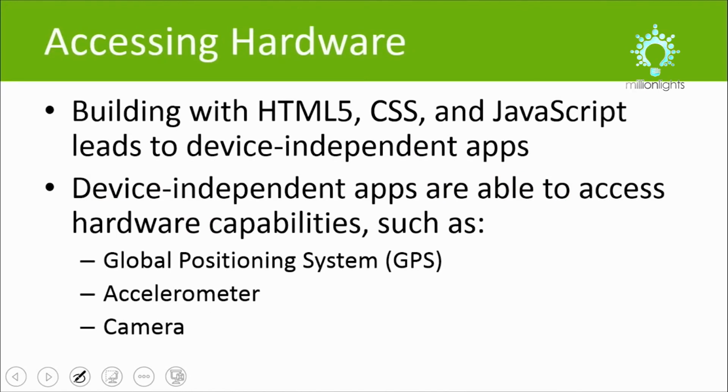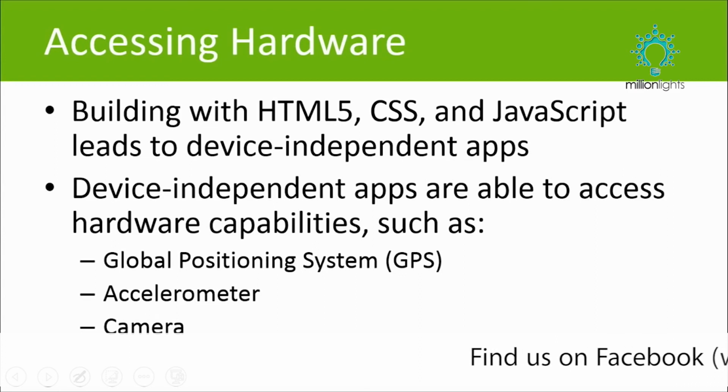All right. Finally, accessing hardware. When you build HTML5, CSS, and JavaScript apps, they're device independent, which means that they can work on any platform, any device, anywhere, right? A smartphone, a tablet, a computer. These device independent apps, we build them to be able to access hardware capabilities such as your GPS system, an accelerometer, which is going to sense motion if you're using a phone, right?